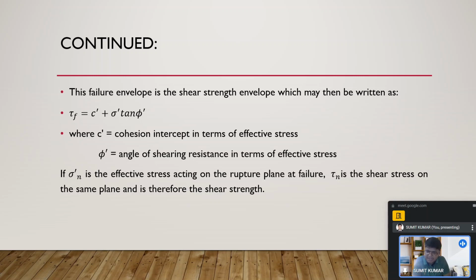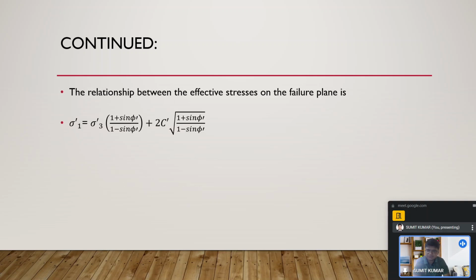If sigma n dash is the effective stress acting on the rupture plane at failure, tau n is the shear stress on the same plane, and therefore the shear strength, because we can find the value of shear strength with the relation tau f equal to c dash plus sigma dash tan phi. If on the Mohr envelope we can find the cohesion and the angle of internal friction, we can state the shear strength of the respective soil. So this point will be very clear for you.